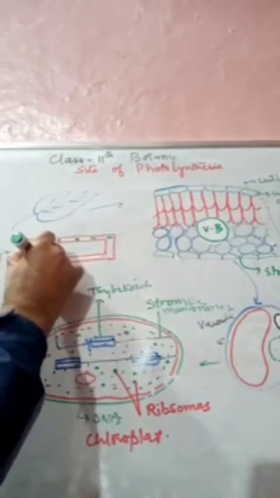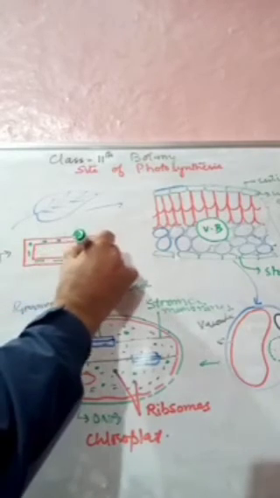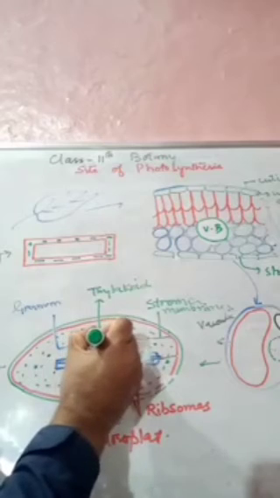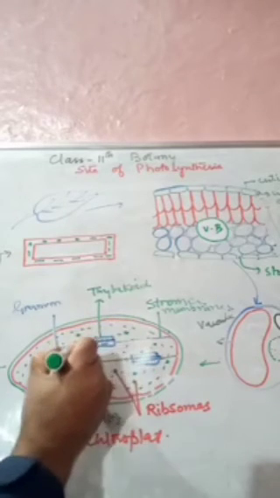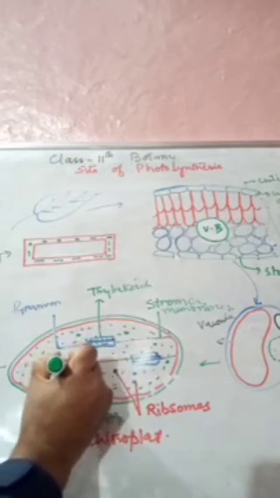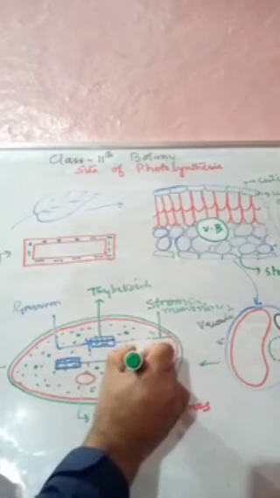These green dotted structures are the chlorophyll.